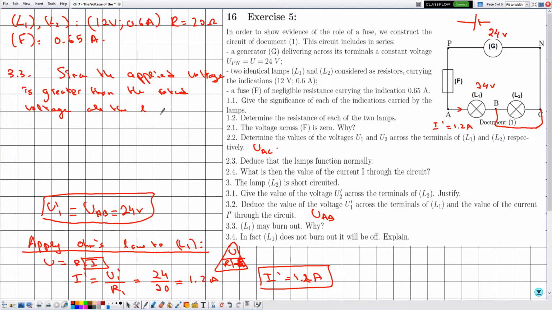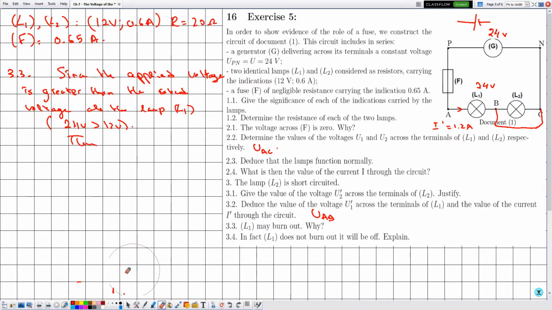So since the applied voltage is greater than the rated voltage of the lamp L1, because 24 volts is greater than 12 volts, then the lamp L1 may burn out. We know that the lamp L1 may burn out or function strongly, but since they are telling us it will burn out, we will say it will burn out.